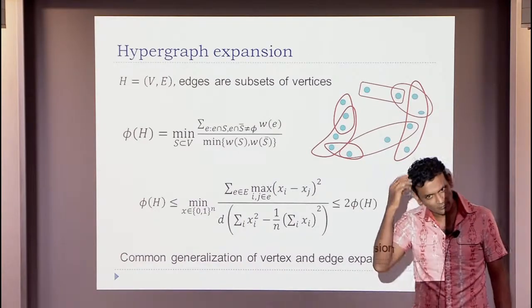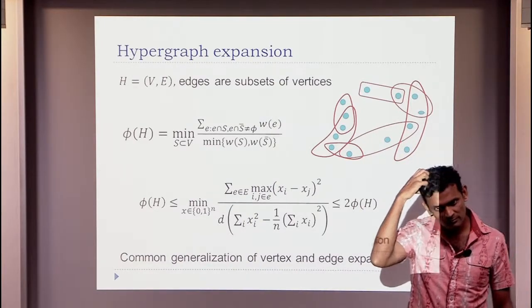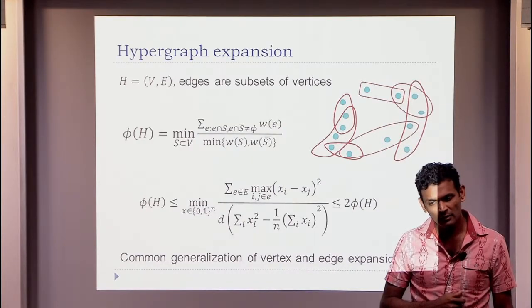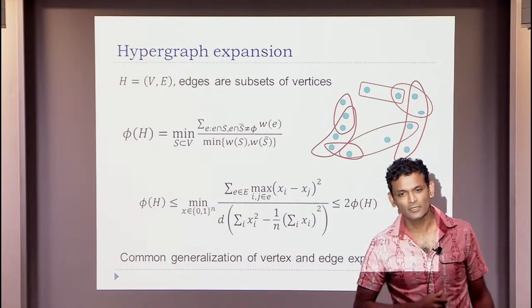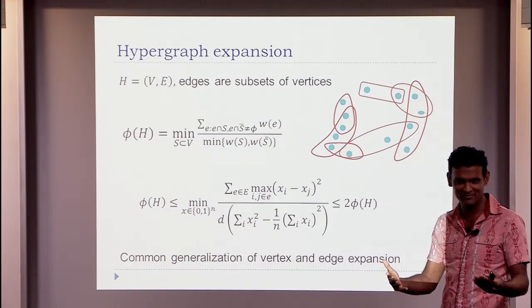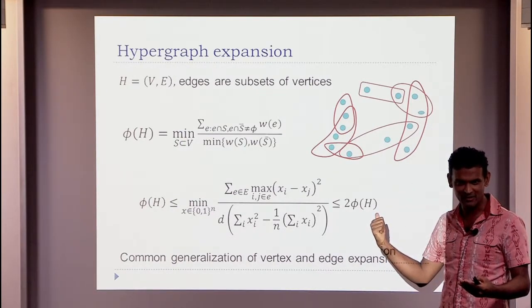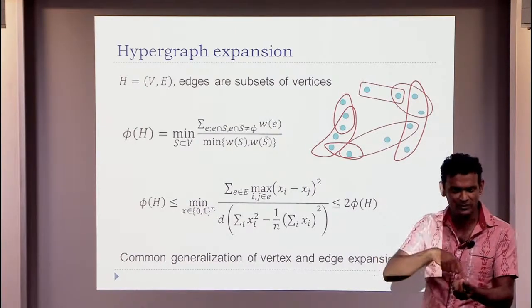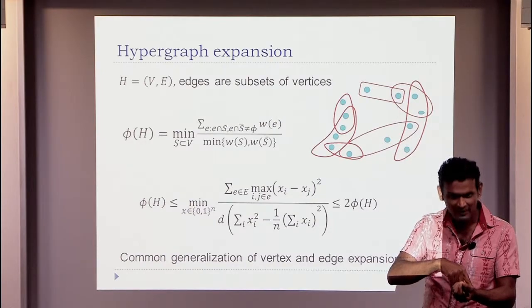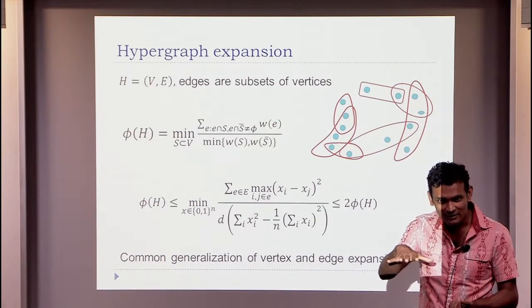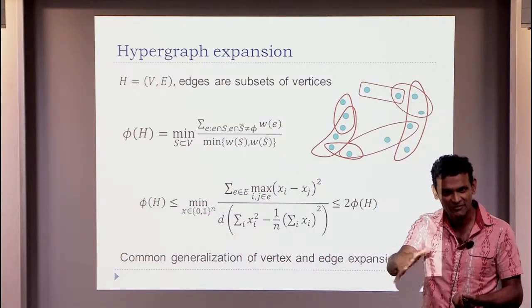Yes? Doesn't that create a problem, as in two neighbors, that would qualify as a cut here, right? That's not necessarily true in vertex expansion. Sorry? I have to define the hyperedges for vertex expansion. I have to define a graph to which we'll apply this. I thought you just said it's a neighborhood, right? Yes, for each vertex, it's the neighborhood. That's the hyperedge. So you count it once if it crosses.